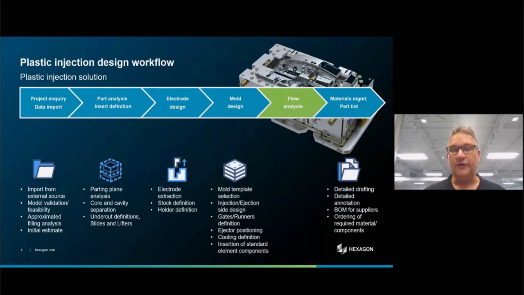Today, we're going to focus on the FEA portion, shown in green up here. More in detail are the categories of the processes which we will expand on in this presentation: filling validation, runner optimization, final shape prediction, and thermal analysis.